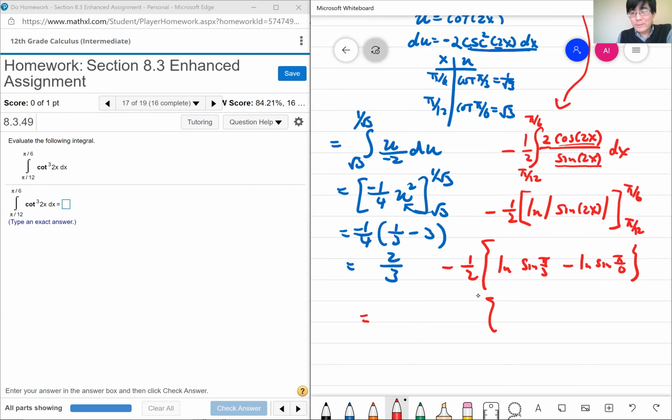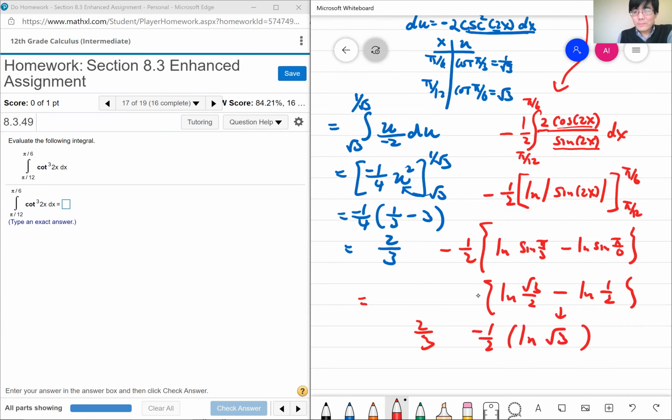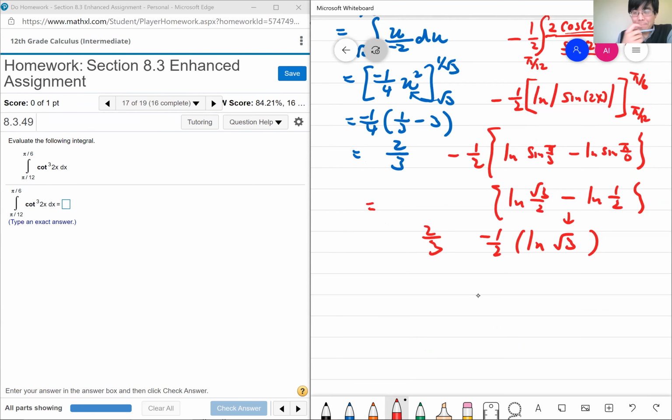So ln of pi over 3, it's ln of 2 square root of 3 minus ln of 1/2, which can be simplified to ln of square root of 3. Okay. So what I just used is ln of a minus ln of b is equal to ln of a over b.